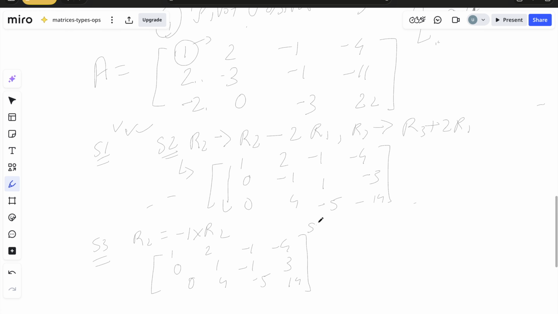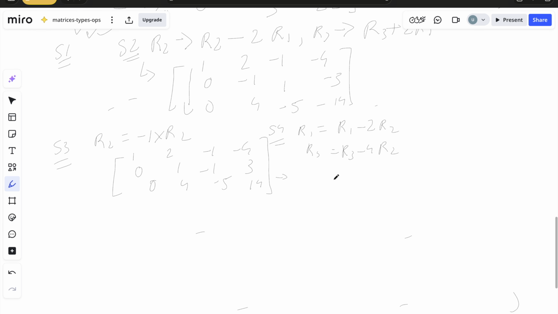For step 4, we will again do a transformation of R1 equals R1 minus 2R2, and R3 equals R3 minus 4R2, which gives this matrix transformation here: 1, 0, 1, minus 10, and then 0, 1, minus 1, 3, 0, 0, minus 1, 2.